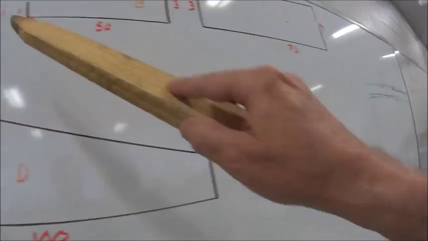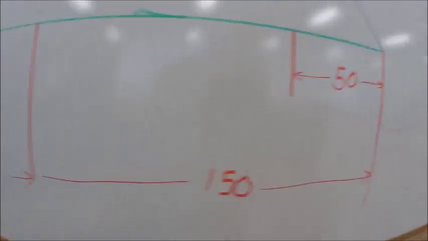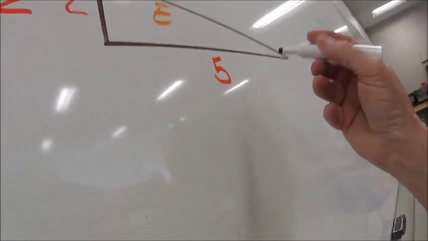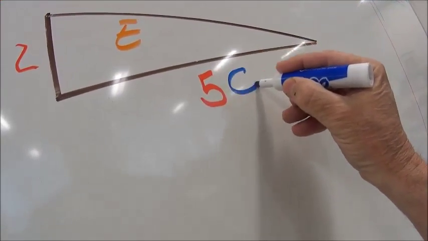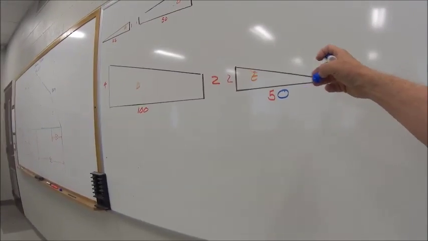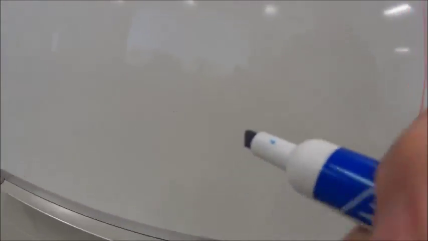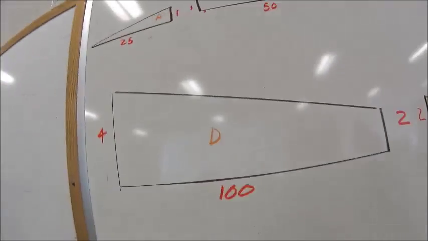Then over here we have to do this again. This is only, oh, I got 5, means to be 50. Okay, 2 times 50 is 100, divided by 2 is 50. So let's, somebody give me that one.